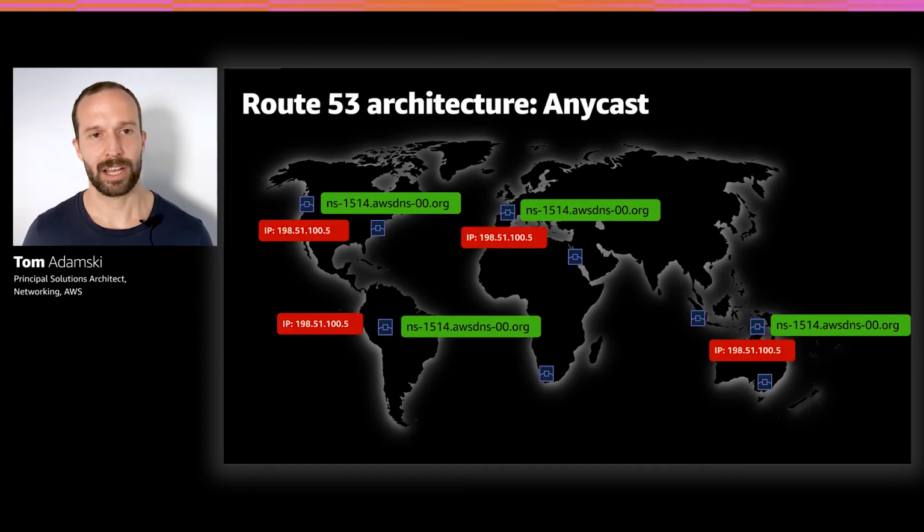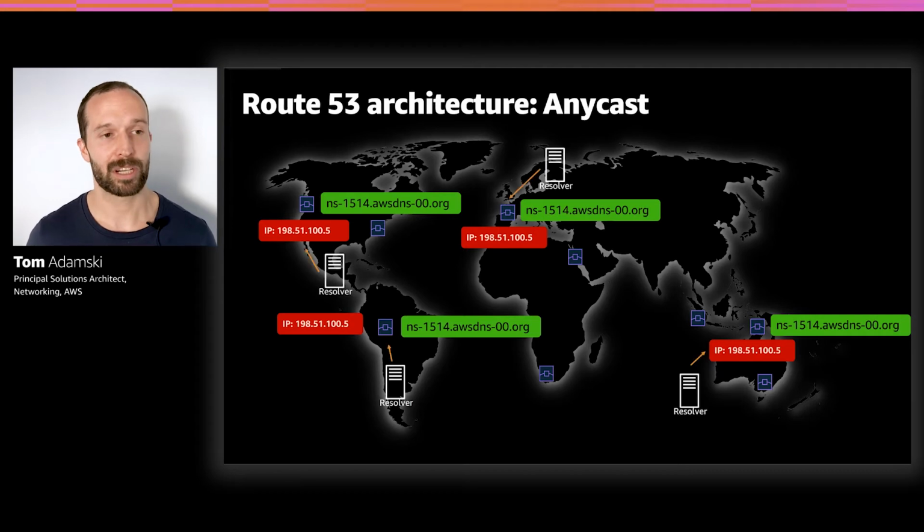It also has a unique IP address, but it's using the same IP address in all of those locations and being advertised as the same Anycast IP address from all those locations around the world, which means that if a resolver tries to query our example domain and it gets directed to .org, depending on where the resolver is, it will be directed to the closest Route 53 POP where that server is hosted.